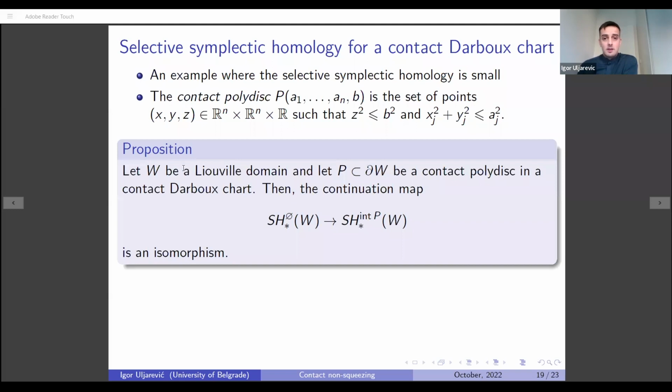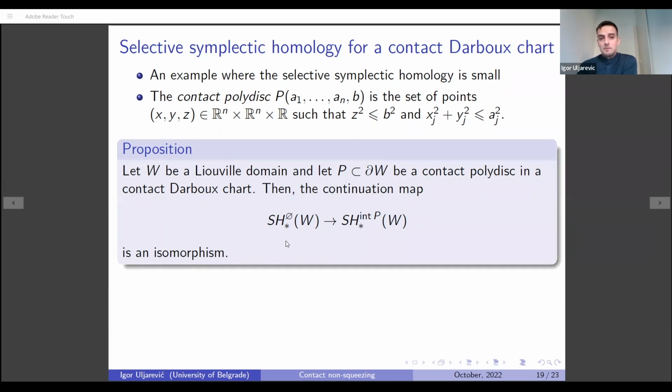Okay, and here is the proposition. If W is a Liouville domain, any Liouville domain, and if P is a contact polydisk in a contact Darboux chart, then the continuation map from the selective symplectic homology for the empty set to the selective symplectic homology for the interior of the polydisk is an isomorphism.